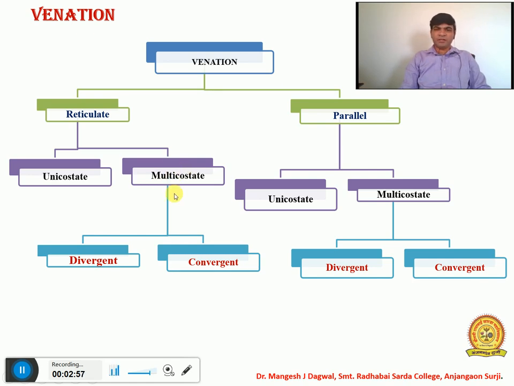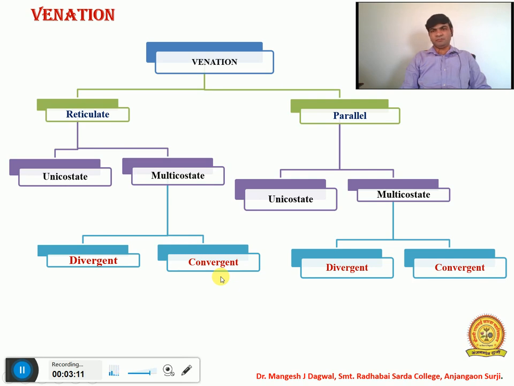Multicostate reticulate venation is again of two types on the basis of the arrangement of the veins: multicostate divergent and multicostate convergent.